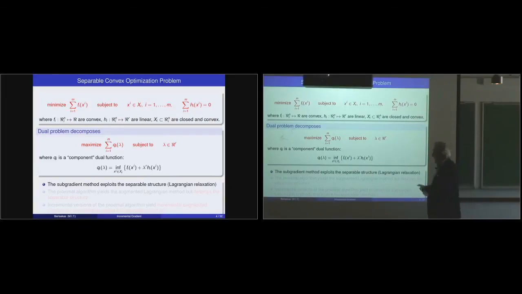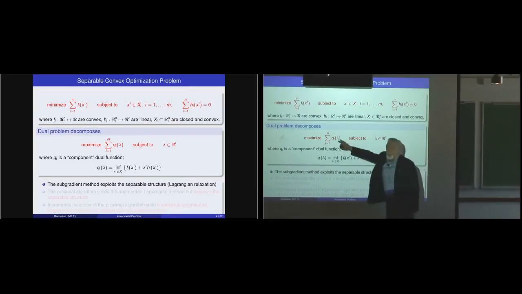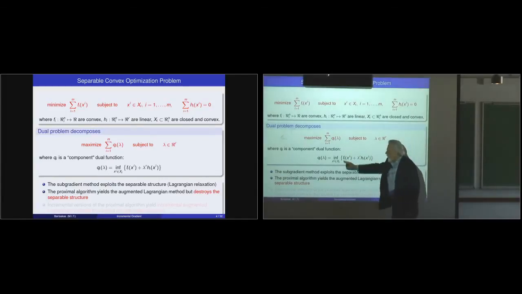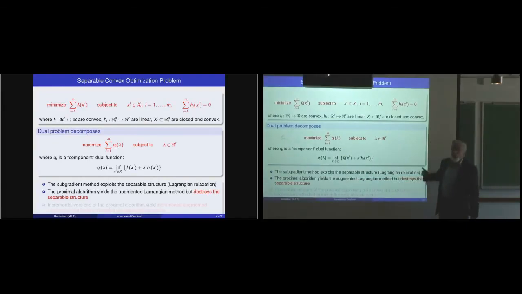In particular, the separable structure is exploited by a method called Lagrangian relaxation, which is a subgradient method for minimizing the dual function, but it's not incremental, but it has a parallel decomposable structure. Now, the proximal algorithm, when dualized, yields the augmented Lagrangian method, but there's a flaw in this.